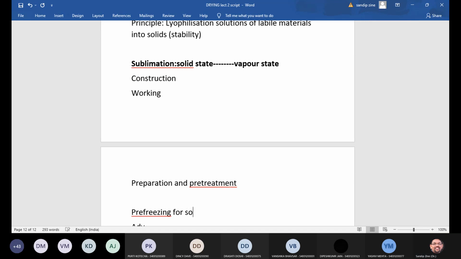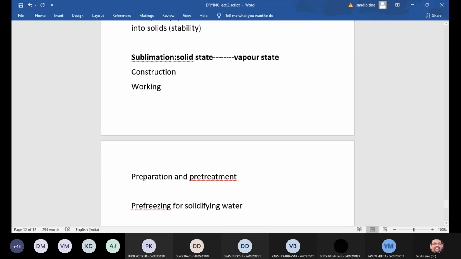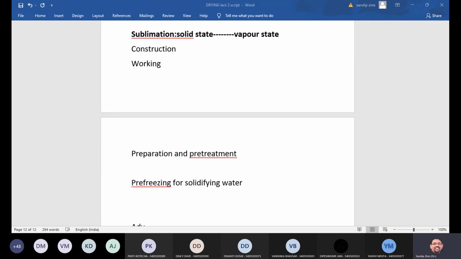For solidifying water, pre-freezing, isn't it? Third step, what will happen then in the third step? Primary drying will be there, secondary drying is there, and the packing will be there.